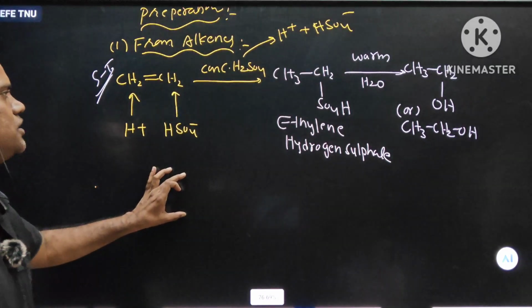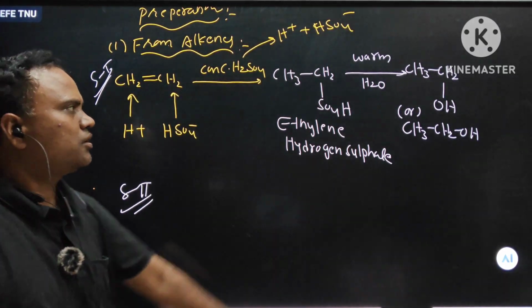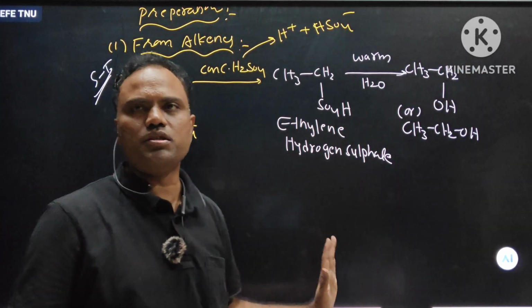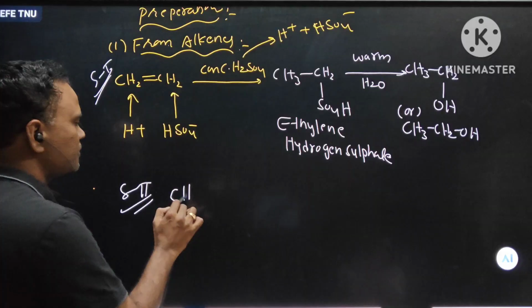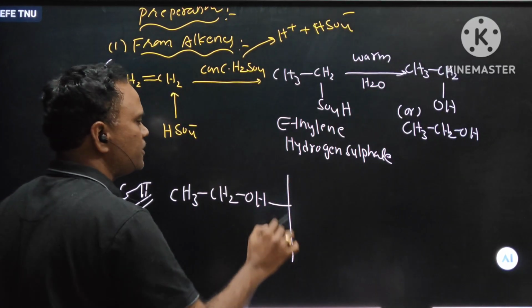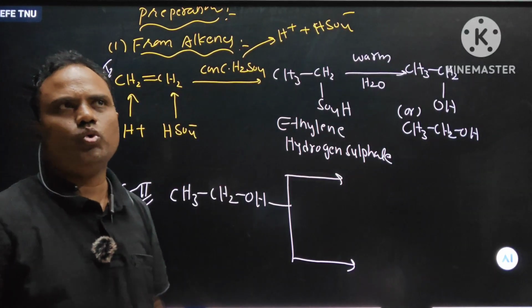Right. In the second stage, you know this reaction. Next I am giving one reaction. You know that reaction easily. CH3, CH2, OH. How many of you prepared the alcohol chapter?